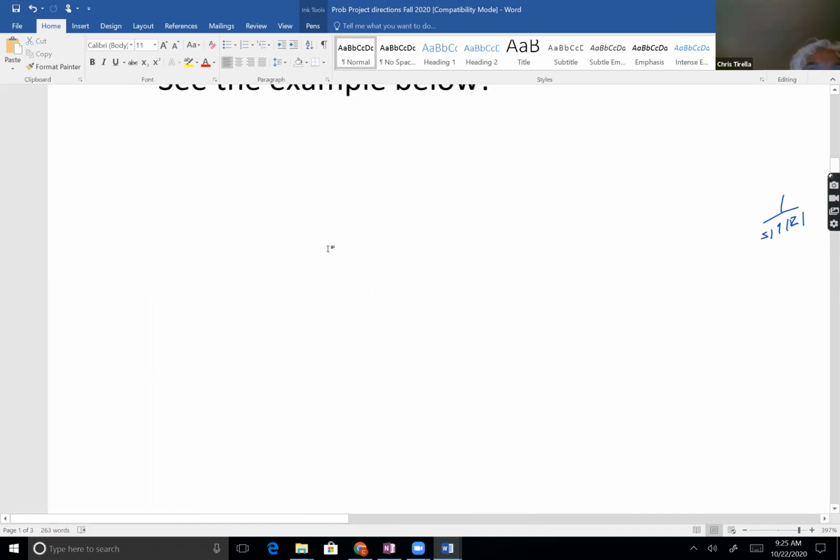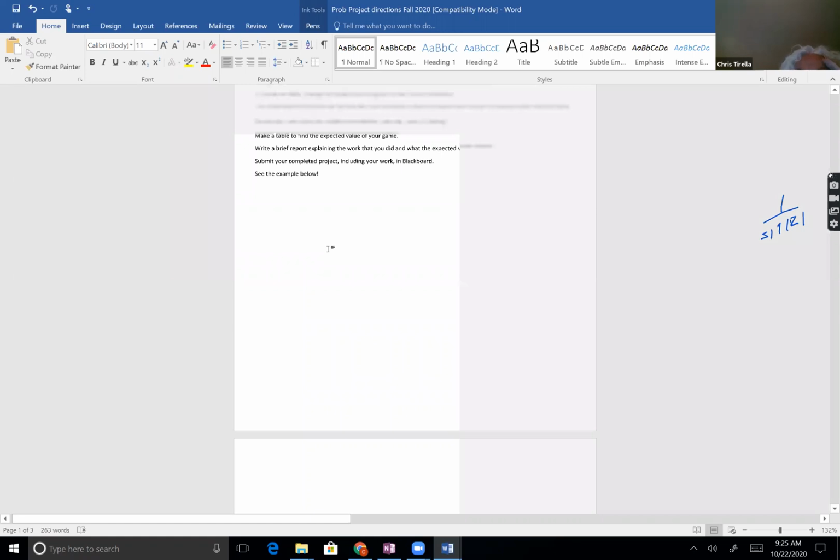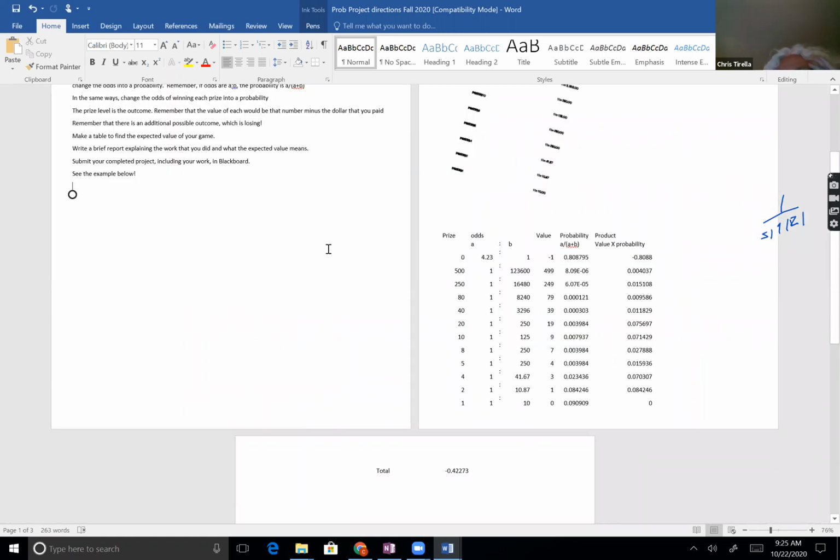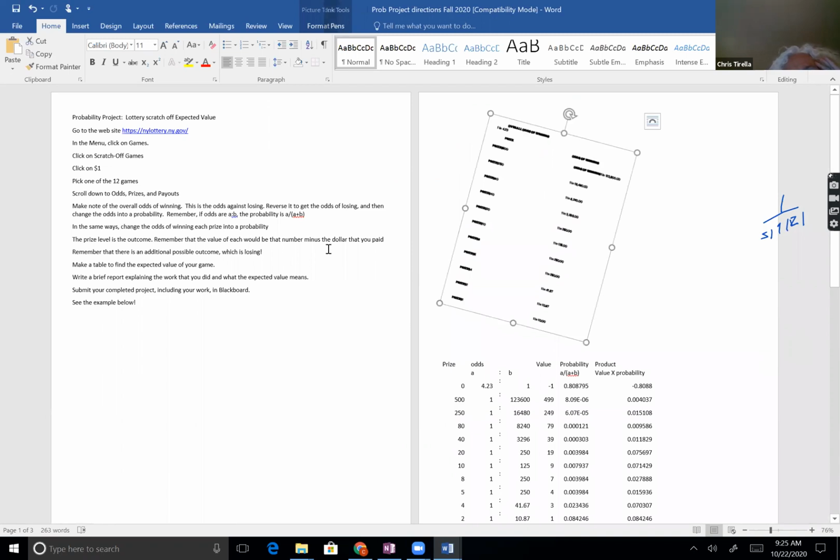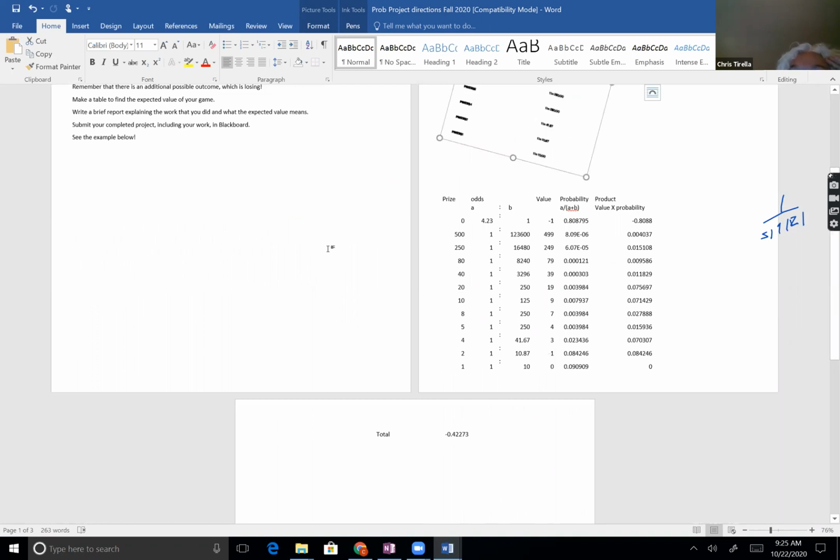Where'd it go? It just disappeared. How did that get over there crooked? Oh, Lord. So it came right from there. And so you're going to do that for all of those possible entries.